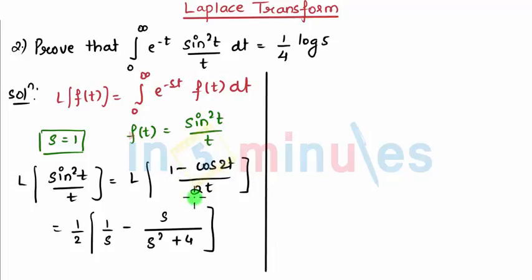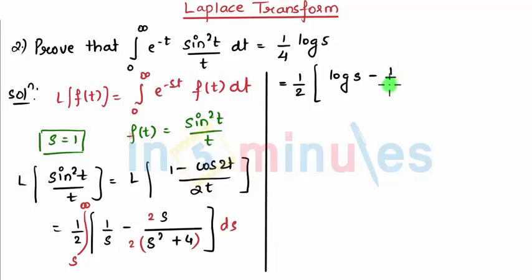So effect of t is nothing but integration s to infinity with respect to ds, which finally gets 1 by 2, and 1 by s is log s minus, now here hope you remember adjustment of 2, which gives me 1 by 2 log of s square plus 4, where your limits are s to infinity.